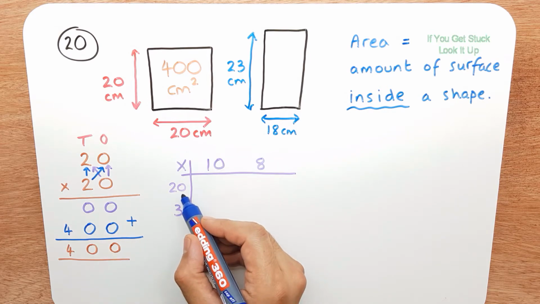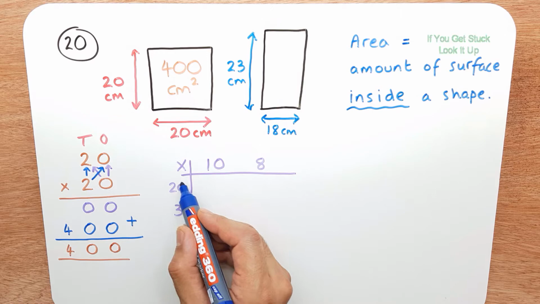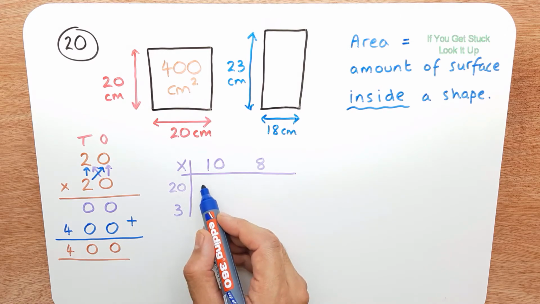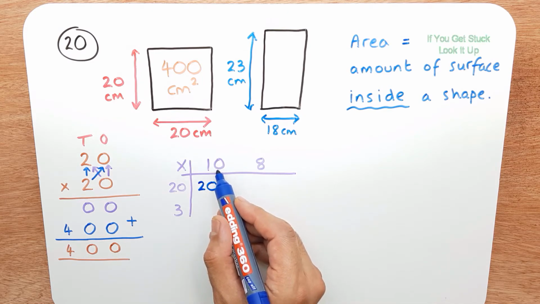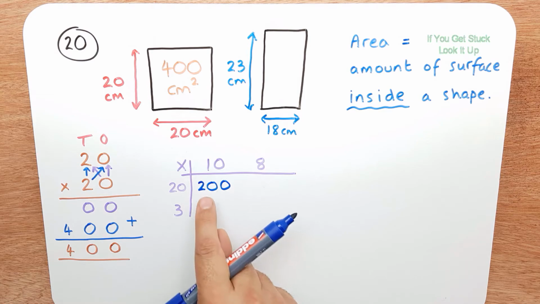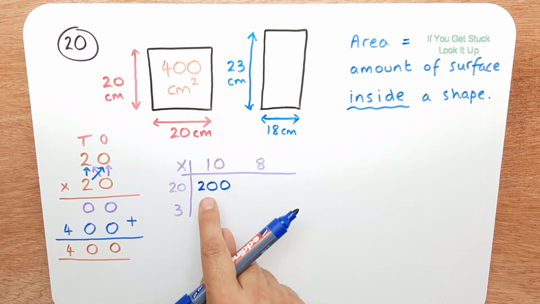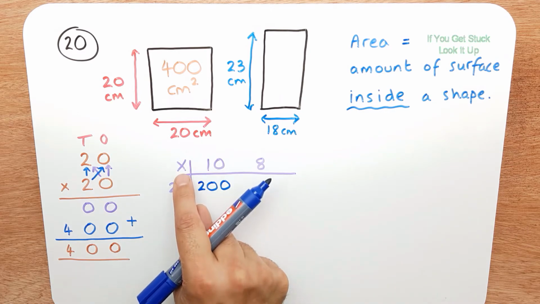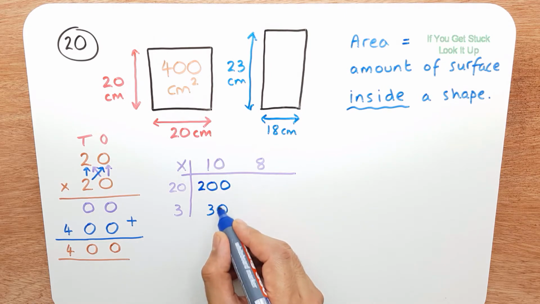Now what I'm going to do is 20 times 10. And we know whenever you multiply a whole number by 10, you write this number down, 20, and you simply add 1 0. So it's 200. So 20 times 10 is 200. 3 times 10 is 30.